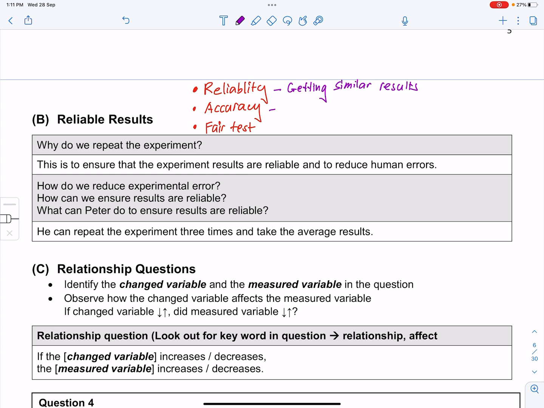Accuracy has got to do with your measuring, your measured variable. What does it mean? So for example, if I ask you to measure the running track using a meter rule versus using a measuring tape. Think about this. Which is more accurate? You would say that the correct answer would be a measuring tape because it's continuous.